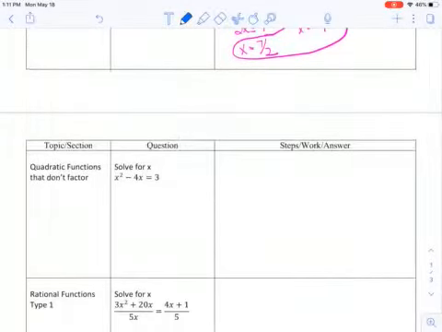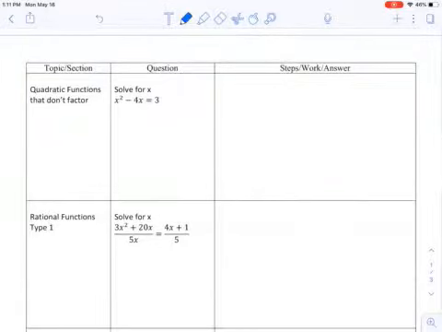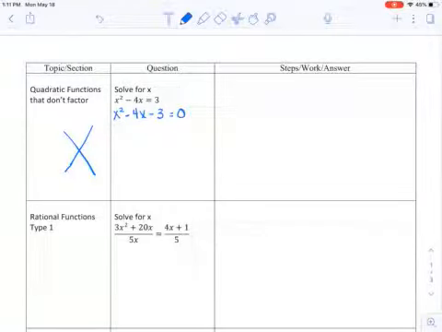Okay, and then one last one here. What if you get everything on one side and you go to do your x, no greatest common factor. You go to do your x and you say, okay, I need two numbers that multiply to give me negative 3 and add to give me negative 4.